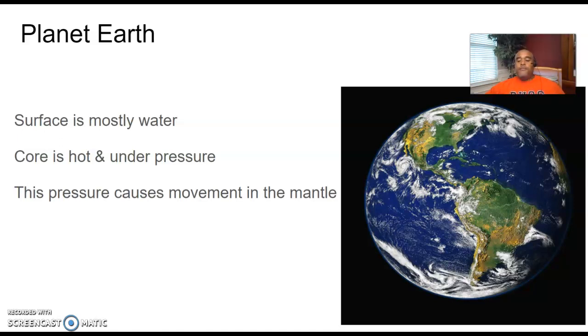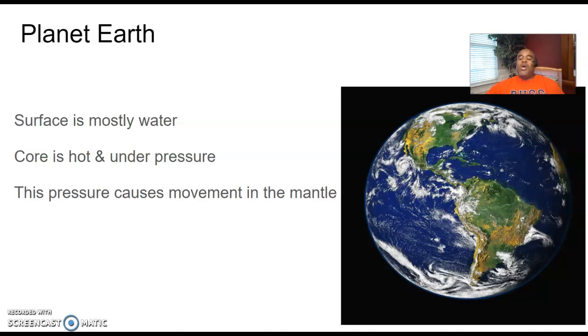All right, the core. The inner core is extremely hot and it's under pressure. And this pressure causes movement to take place in the mantle of the Earth. And whenever we have movement in the mantle of the Earth, that's when we'll have things like earthquakes or maybe volcanic eruptions. Okay?